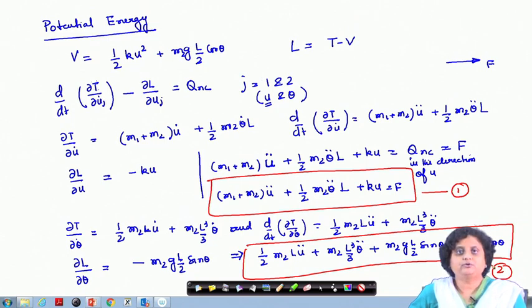So, this shows us the benefit of using the Euler-Lagrange equation. In the next lecture, I will solve another example of slightly more complexity to show how easy it is to use the Euler-Lagrange equation to obtain the equation of motion for systems of higher complexity. With this, we will end this lecture. Thank you.